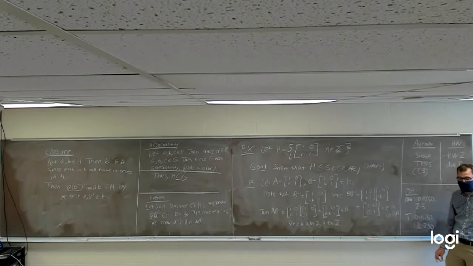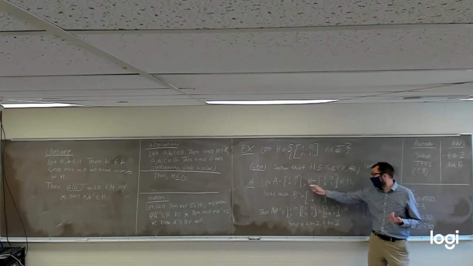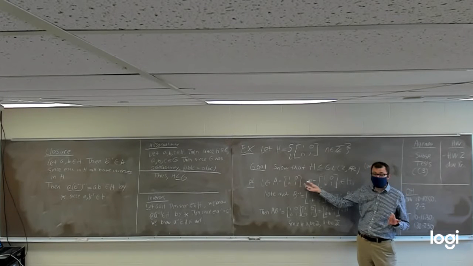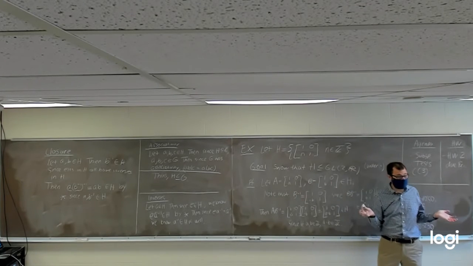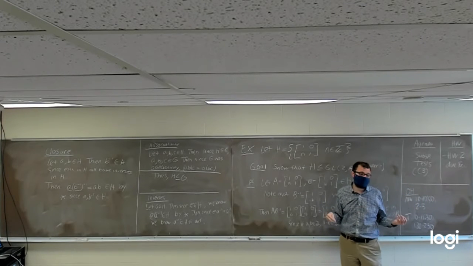The difference of two integers is going to be an integer. I'm okay if you assume that, because I'm going to. Thus, we've shown that given any two arbitrary elements in H, the first times the inverse of the second has to also be in H. Thus, by the one-step subgroup test, H is a subgroup of GL2R.